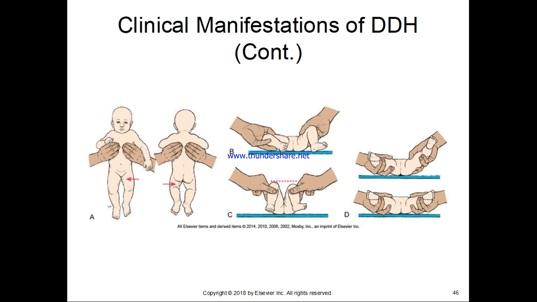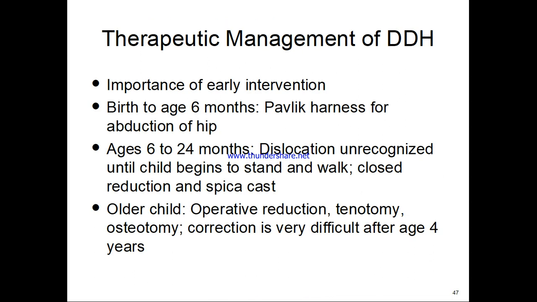So when we're doing our newborn infant assessment, we're manipulating the hips this way to feel for any laxity, any clicking or grinding sensations, and then we're checking for the symmetry at the level of the knees, and then the gluteal folds symmetry as well, and the limb symmetry. So early intervention is essential to keep function of the hip.